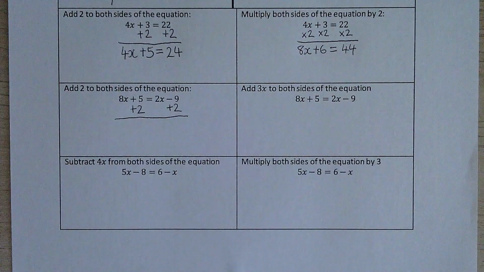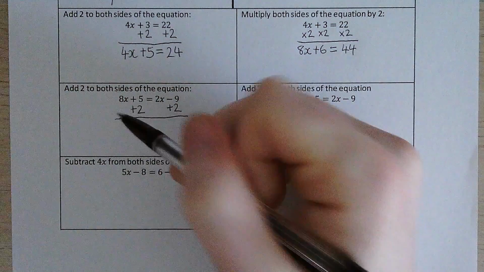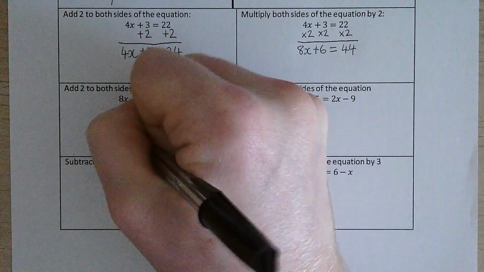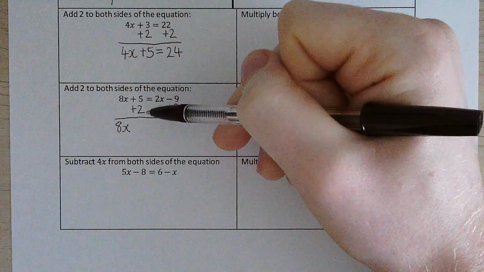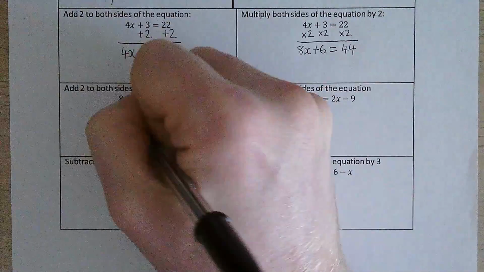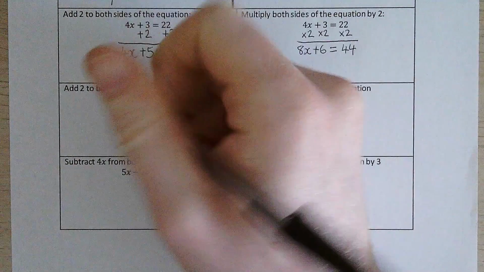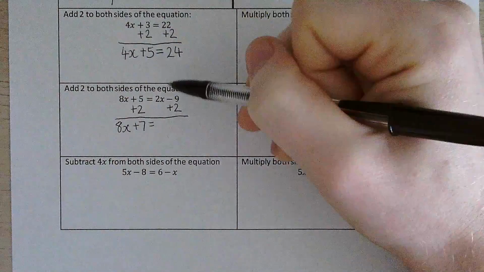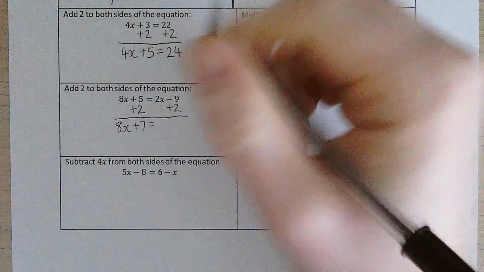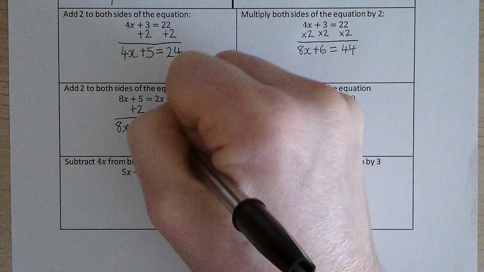Again, we draw a line underneath these two lines, and we add them together. 8x add nothing is 8x. Positive 5 add 2 is add 7. We'll drop the equal sign down. 2x add nothing is 2x.